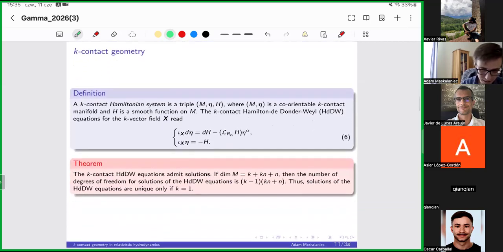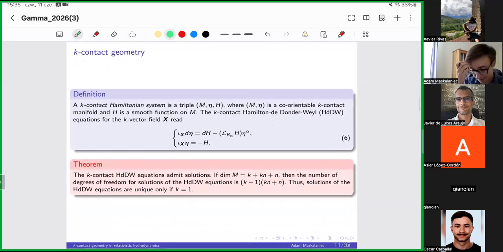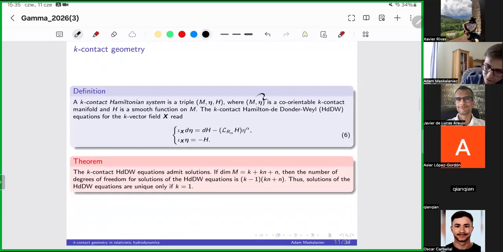Okay. And using this notion of a k-vector field, we may define a k-contact Hamiltonian system. The k-contact Hamiltonian system is given by a k-contact manifold described by a k-contact form and a smooth function on M that is our Hamiltonian.